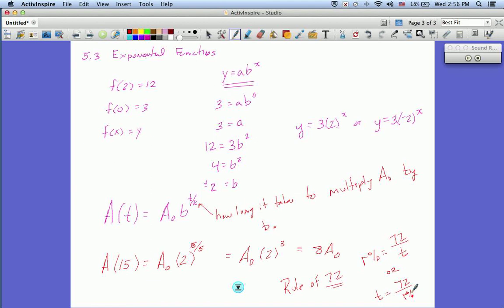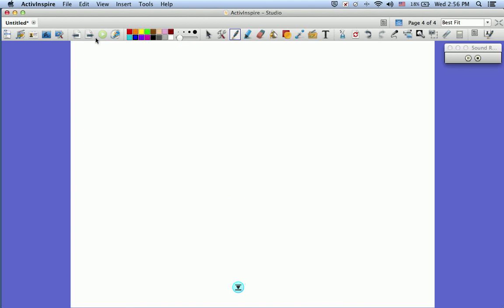It says r percent, not just r. So if it's 10%, you're going to do 72 divided by 10. That gives you 7.2 years. And remember, the rule of 72 applies for doubling time. This is how long it takes to double. Doubling time. Double, double, double. It's like the Doublemint commercials. Double time.